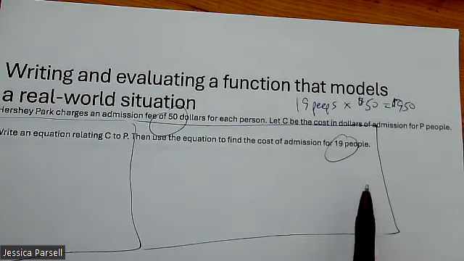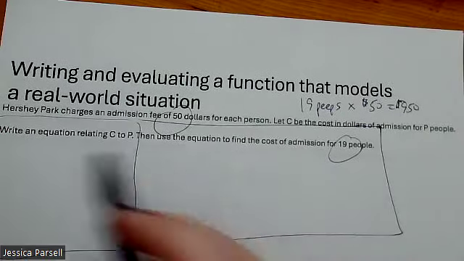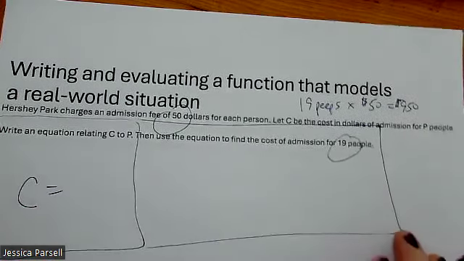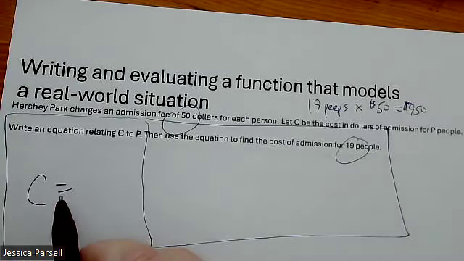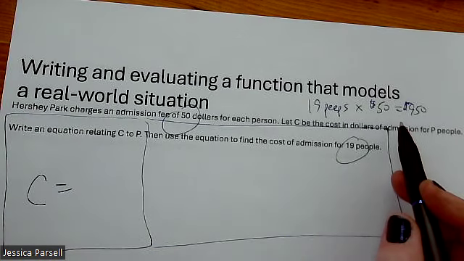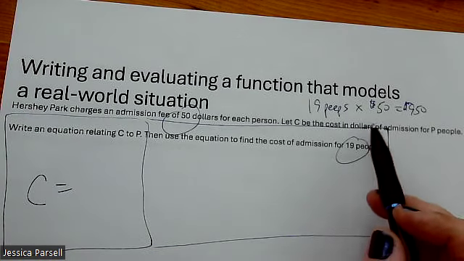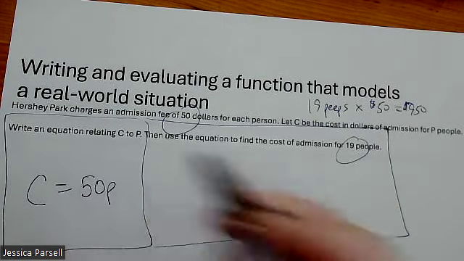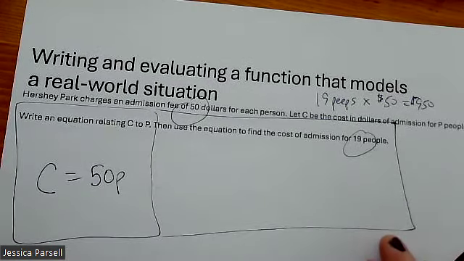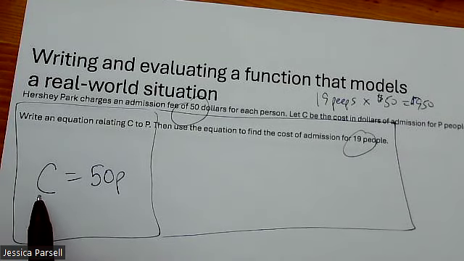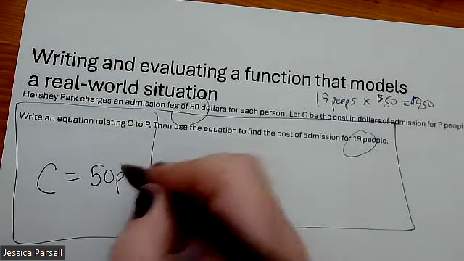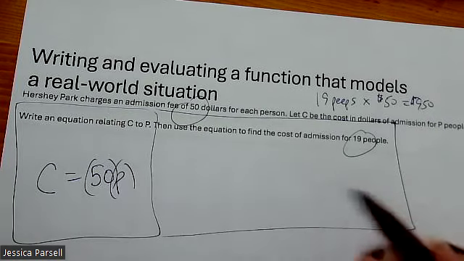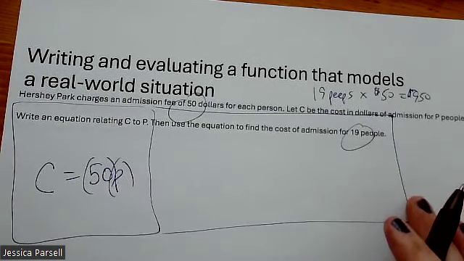But they want us to write this out as an equation. Okay, so C, the cost in dollars, is equal to, all right, the cost, which was $950, was equal to what? Well, it was $50 times the number of people. So 50 times P. So the cost to get to Hershey Park is $50 times however many people you're taking.